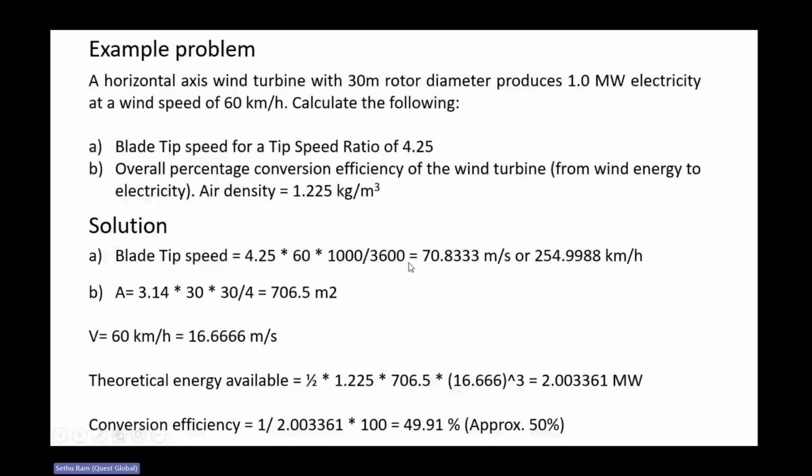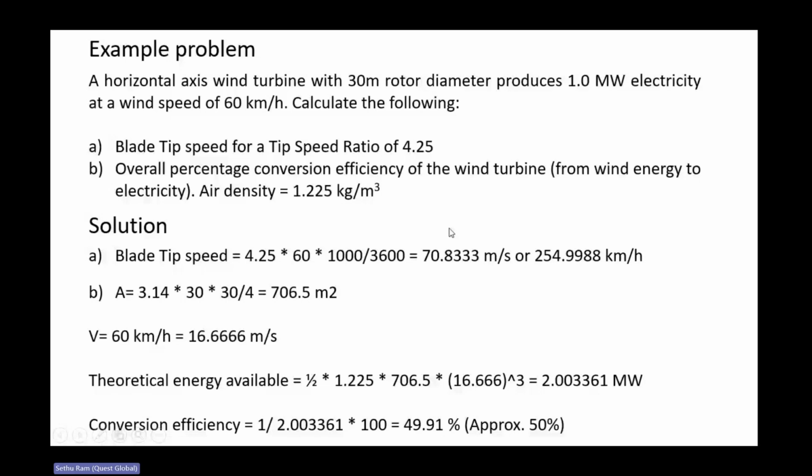Okay, so then we got the blade tip speed as 70.833 meters per second, 254 kilometers per hour. If it is in kilometers per hour, this is the value. If it is meters per second, this is the value.